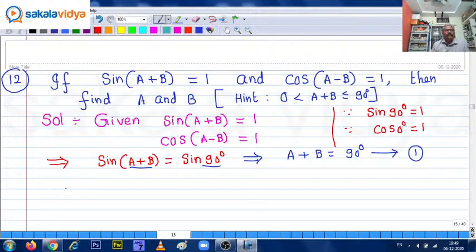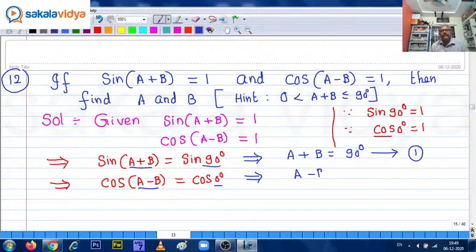Now cos of a minus b equals 1, replaced in terms of cos, that is cos 0 degrees. Comparing, a minus b equals 0 degrees.